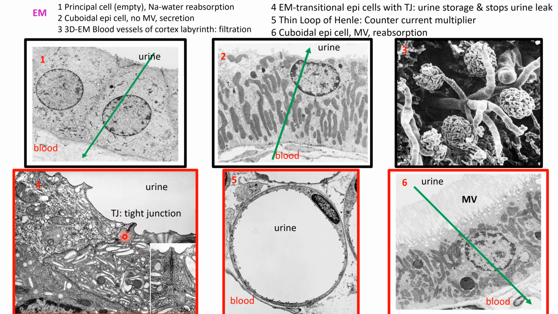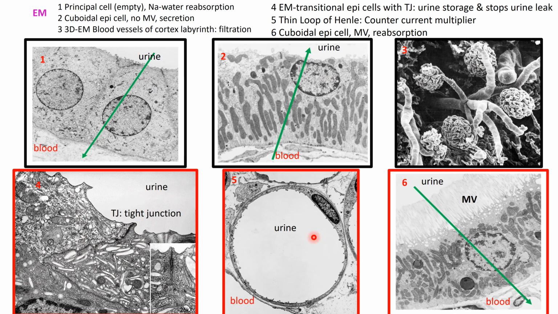My main purpose was to show you the tight junctions between the 2 cells so that the urine cannot flow between into the tissues, into the lamina propria. So this is the picture of a strong epithelium for urine storage, but it also stops urine leakage between the tissues.